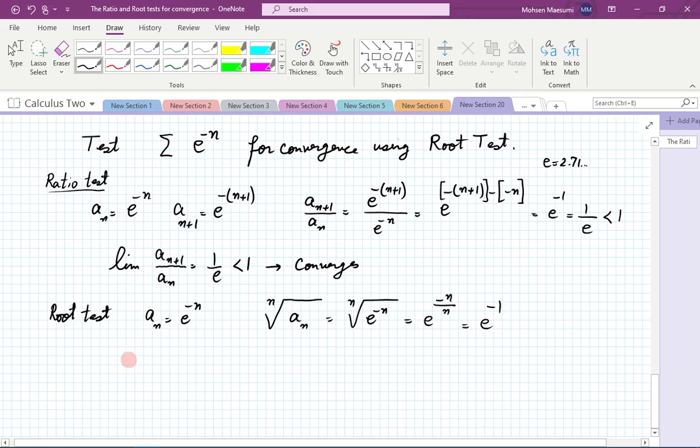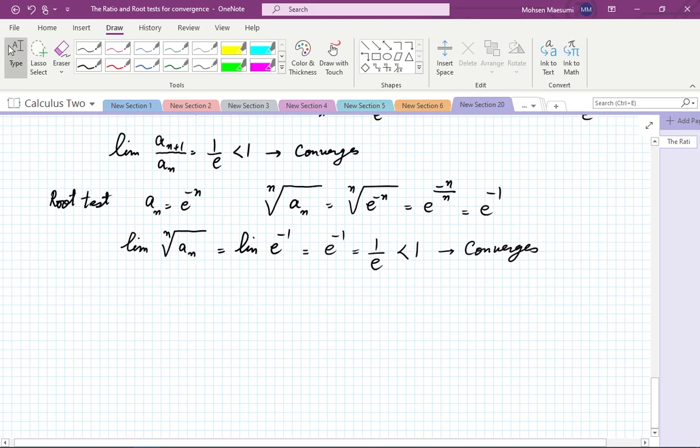So the limit of the nth root of a_n as n goes to infinity turns out to be a constant number, exponential of minus 1 or 1 over e, which is less than 1. So as a result, we can say that the series converges.